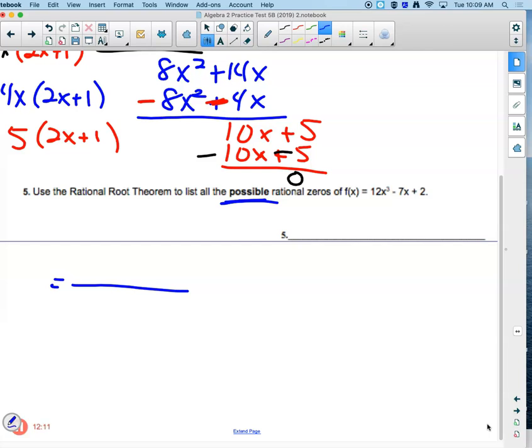So help me out. What number do we focus on for the top? The 2, yeah, it's weird because it starts back here. Good news is 2 doesn't have a lot of integers that divide into it. Plus or minus 1, plus or minus 2. That's it. Here comes the bad news. What number do we have to use for the bottom? 12, and 12 has lots.